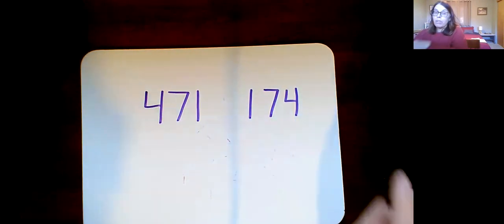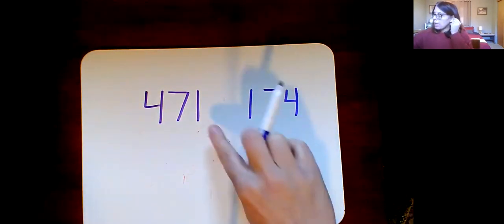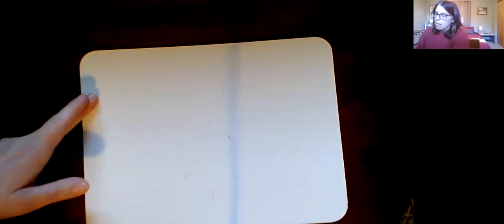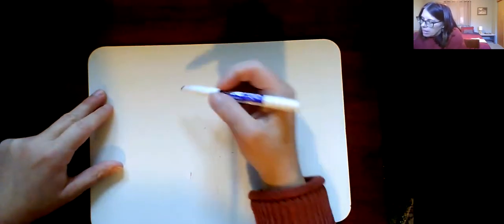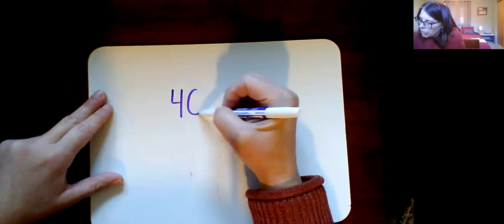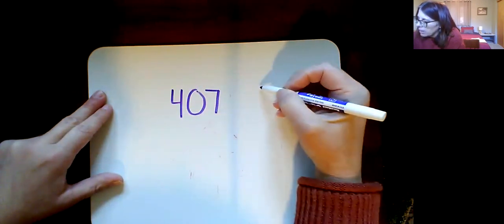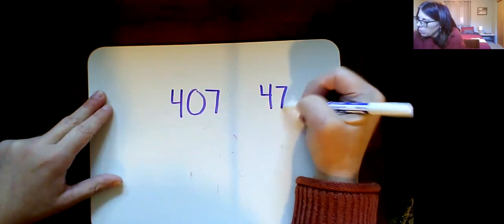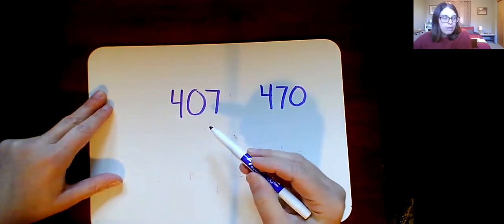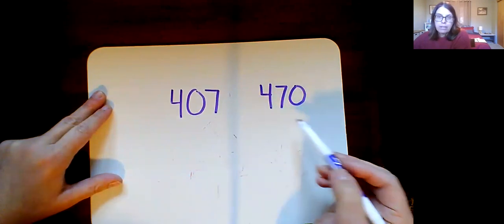It's always helpful to read it because sometimes when you look at it, you might be like, oh yeah, those are like the same, but they're really not if you read the numbers. The other thing that they might try and trick you on is just taking those same numbers, but putting them in a different order. So you're going to have to be really careful and read your numbers very carefully, okay?